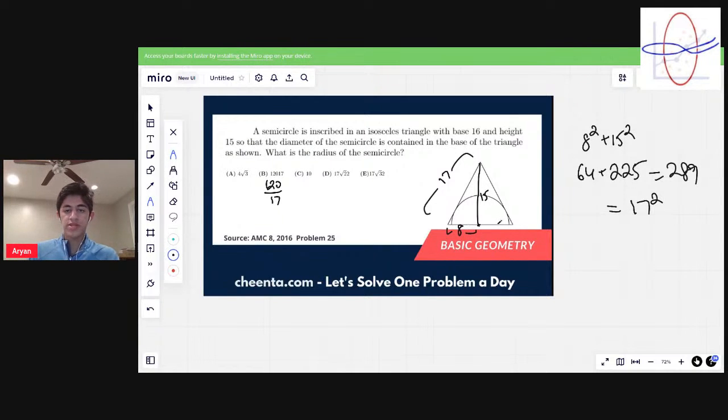So we're asked to find the radius of the circle. The first thing that I like to do is draw in the radii that connect the center to the points of tangency, because we know this is probably an important radius. And so what we find here is this angle right here is 90, because at any point where a line is tangent to a circle, the radius is perpendicular to that line. So in other words, this triangle, let's highlight it in red, this triangle right here is a right triangle.